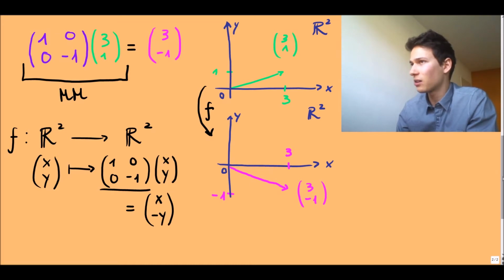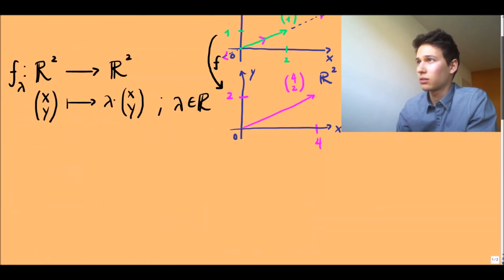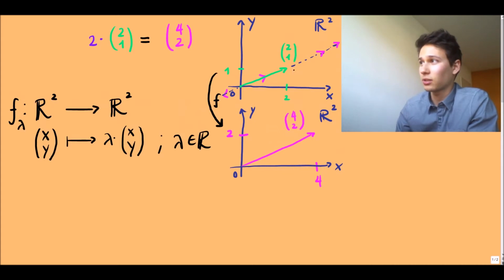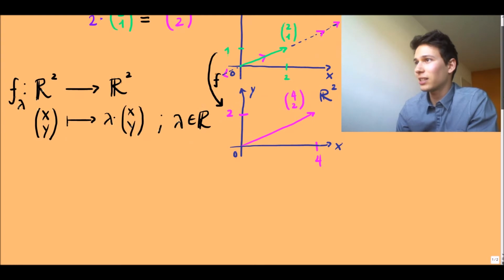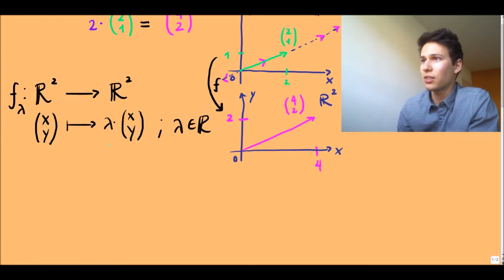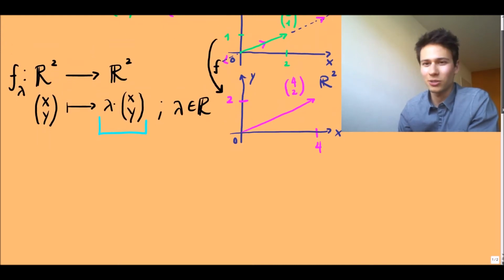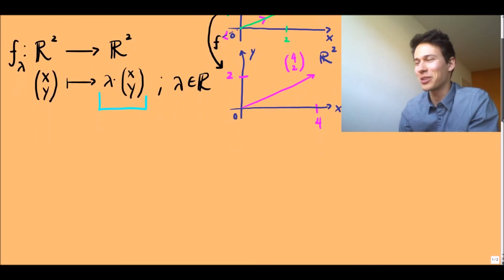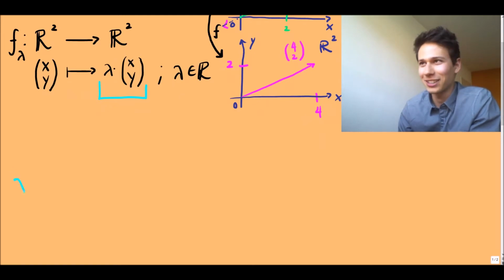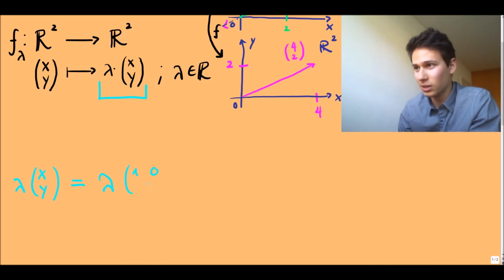Now up here, we stretched our vector. But now let's try and rewrite this thing differently, because it's nice, but we can also write it as follows. Lambda times x, y is exactly the same as lambda times the matrix 1, 0, 0, 1 times the vector x, y.